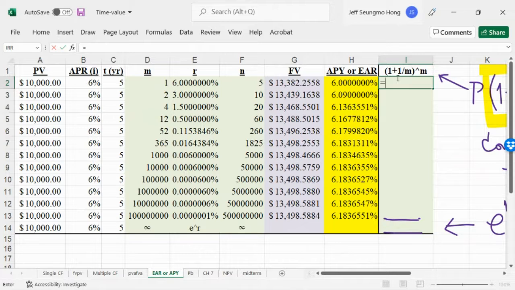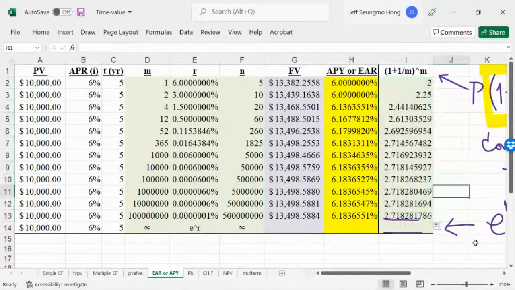It's not a difficult thing to understand. Let's drag it down. Of course, when APR is 100%, 1 year later, you will double your money. But if compounding is twice a year, semi-annual, quarterly, monthly, see how it goes.